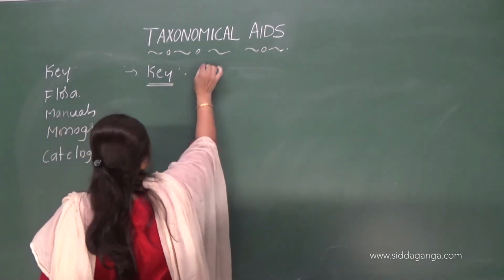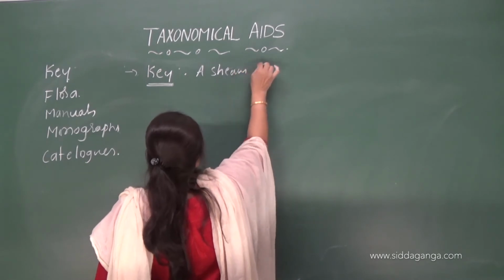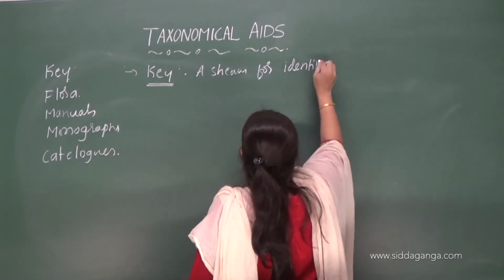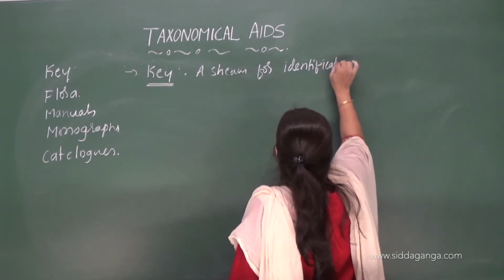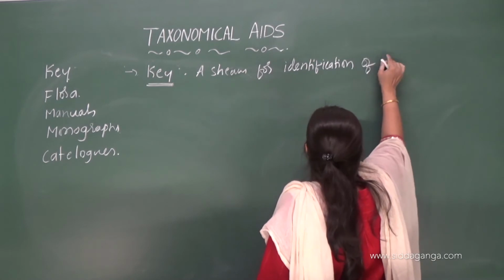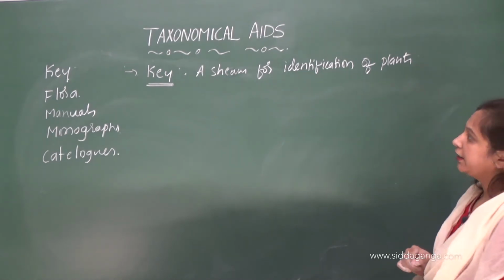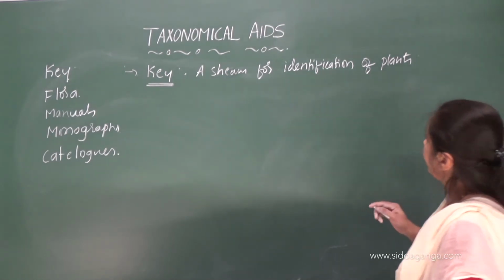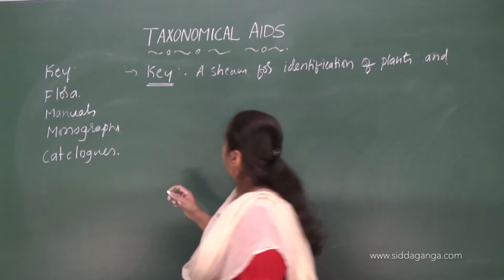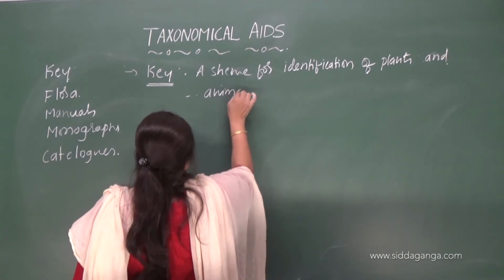A key is a scheme for identification of plants and animals.